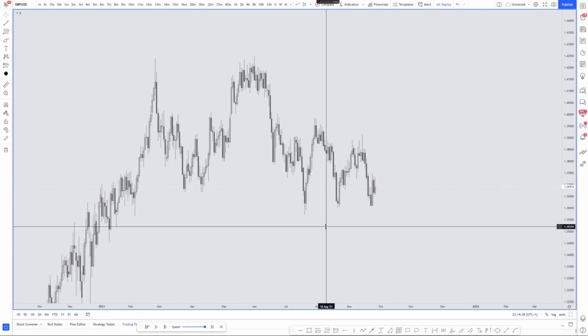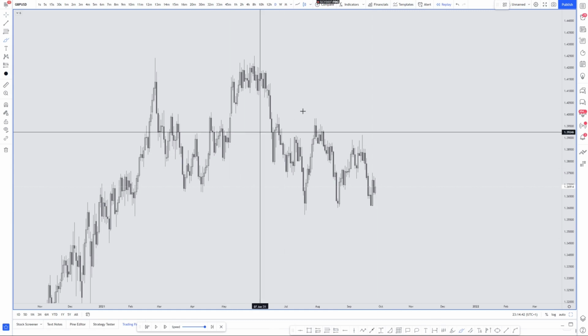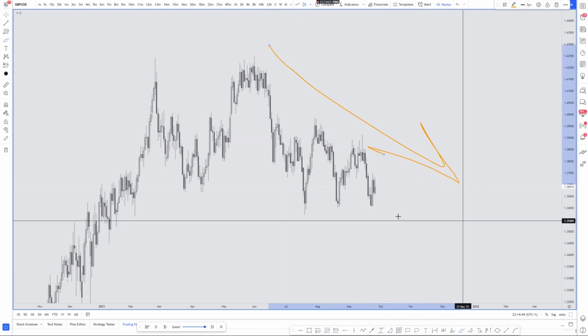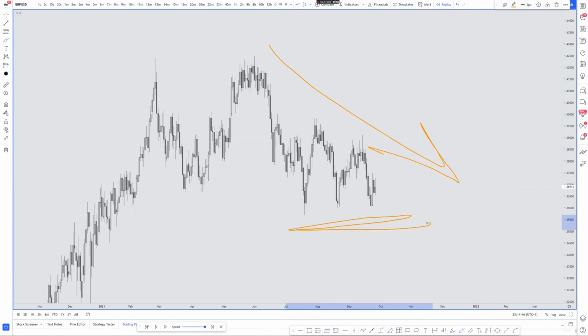Now, if we just look at the daily really quick, we can tell that we are bearish on the daily. We're making new lows. The other thing we can note is that we have equal lows. We can also note that this low failed to run this high, which makes this low weak.